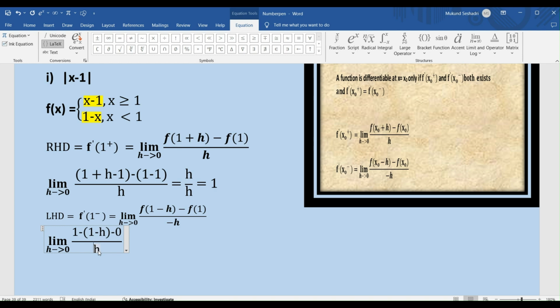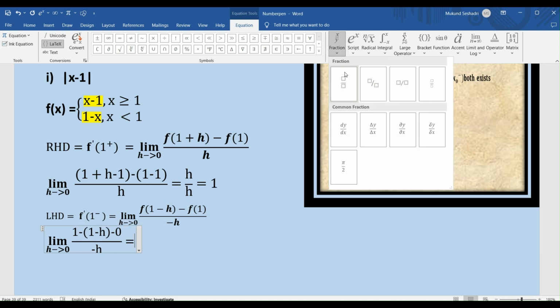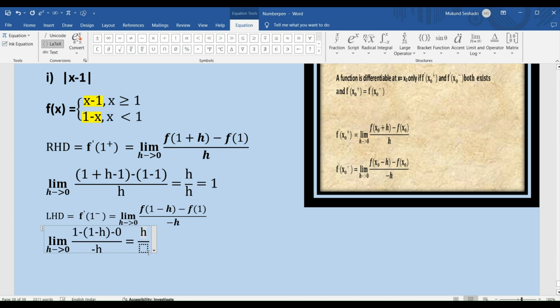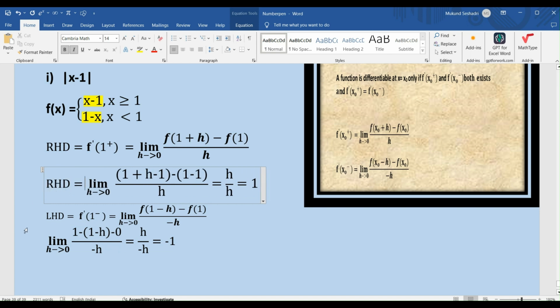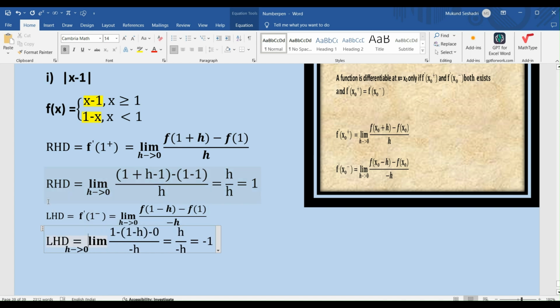And I have my minus h in the denominator. Now I'm left with h in the numerator and minus h in the denominator, because my 1 and 1 get cancelled. So h divided by minus h equals minus 1, right? Let me call this out again here. My RHD is plus 1 and my LHD is minus 1, right?